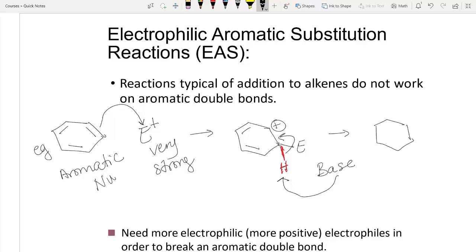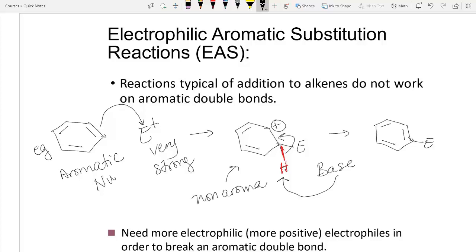So let's talk about why this works. At this point, this base is going to deprotonate, and you're going to essentially do first an addition of the electrophile, then an elimination. And that's because this molecule now becomes non-aromatic.